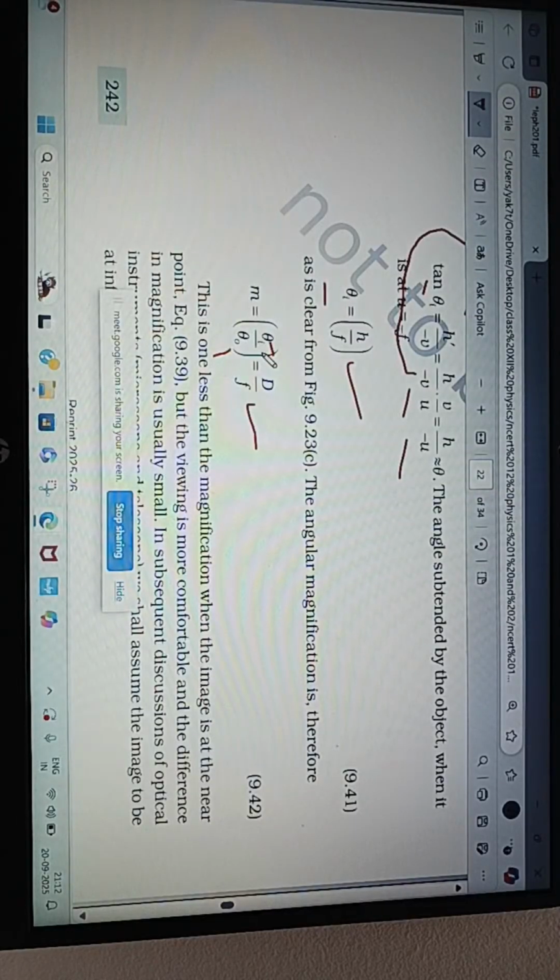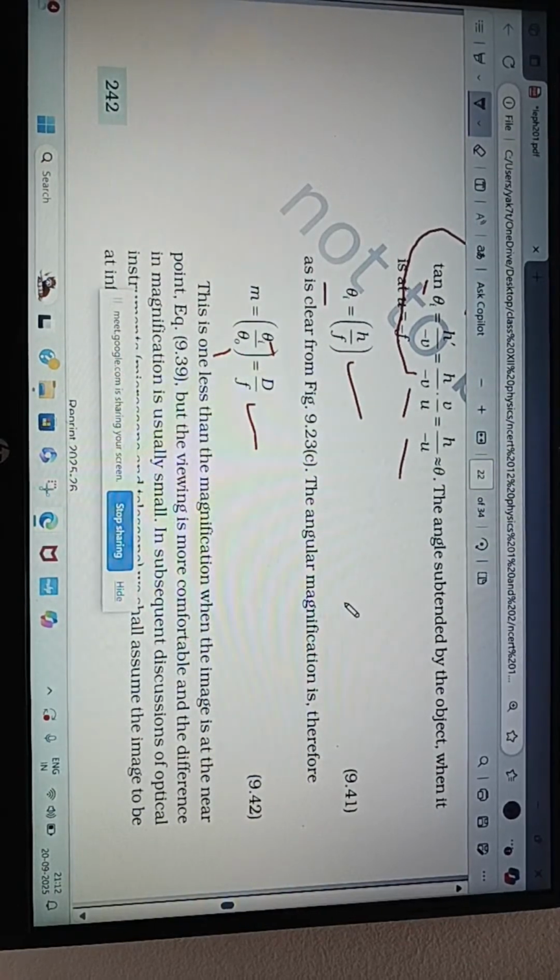D by f. That's the first derivation done.